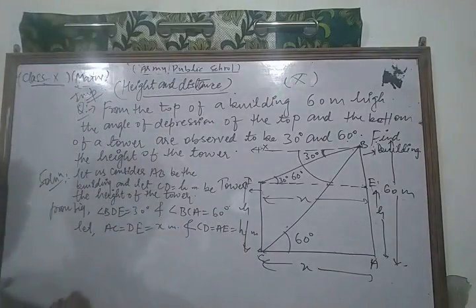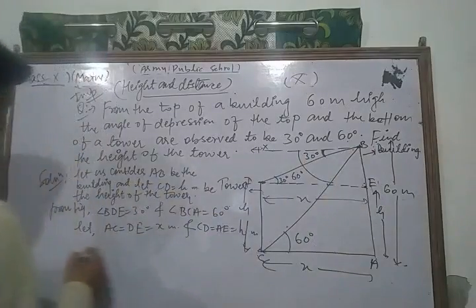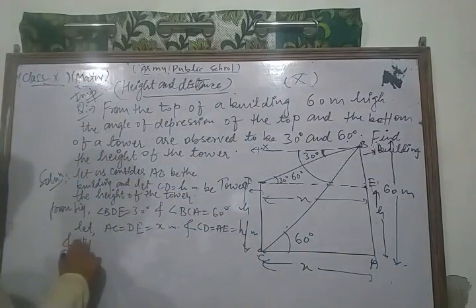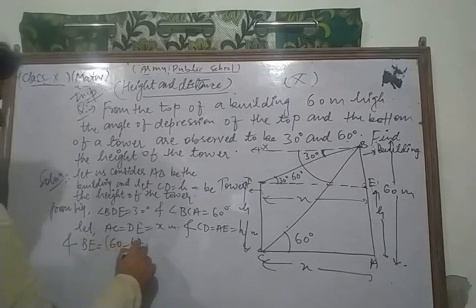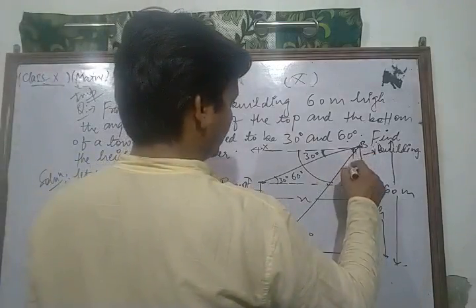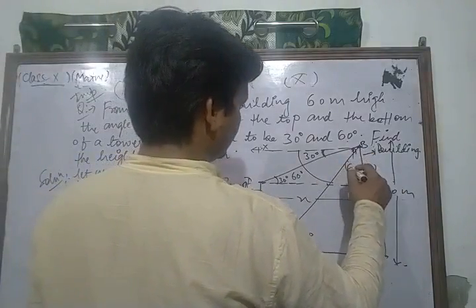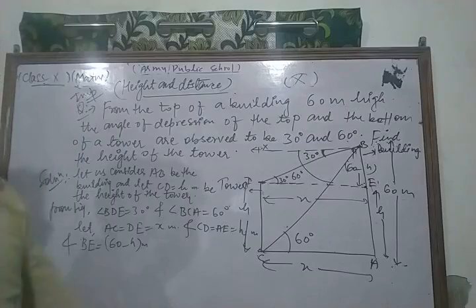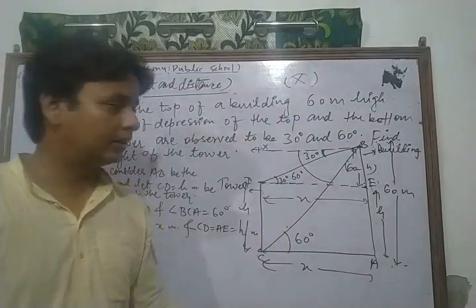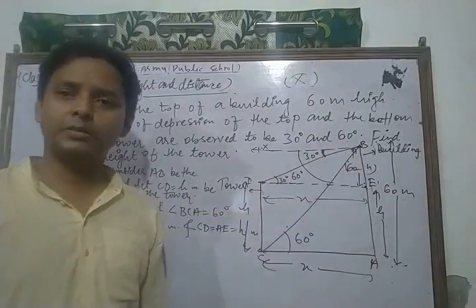And BE is equal to 60 minus h, because the whole AB is 60 and AE is h, so BE is 60 minus h.